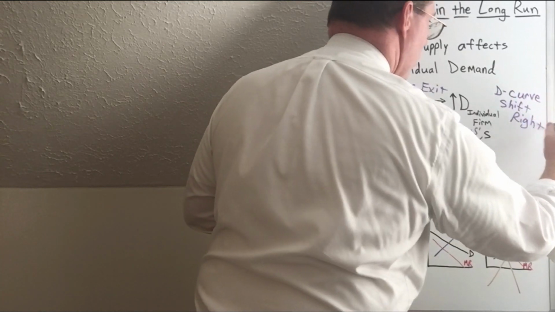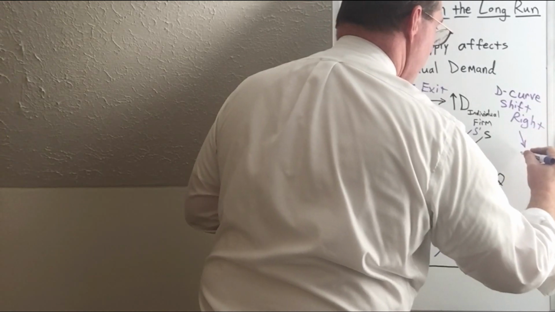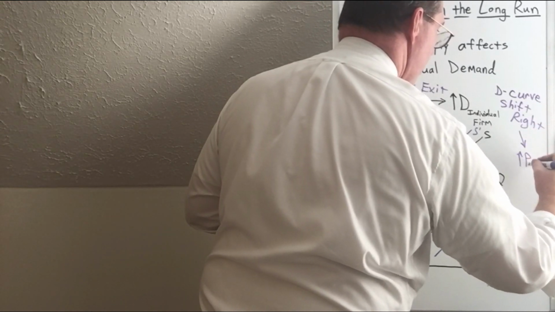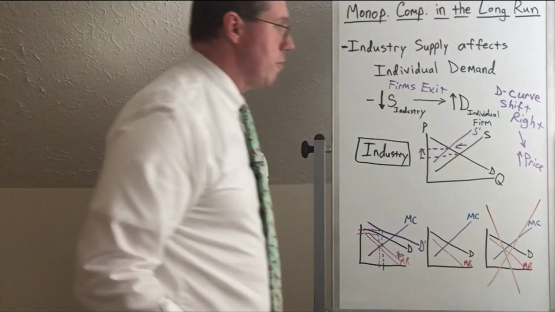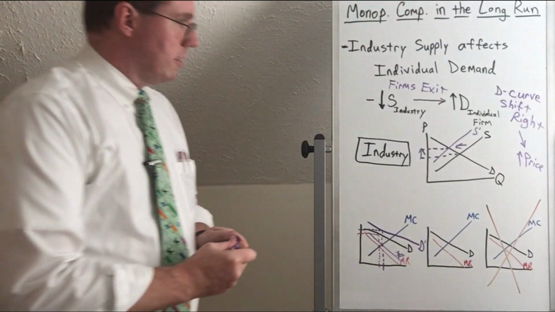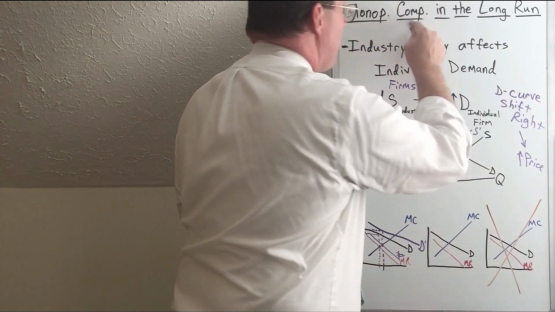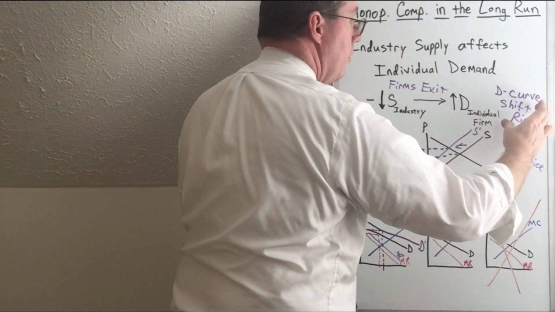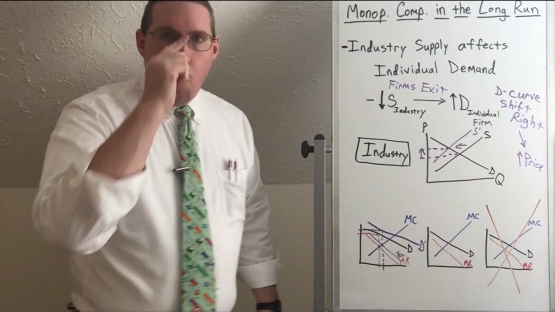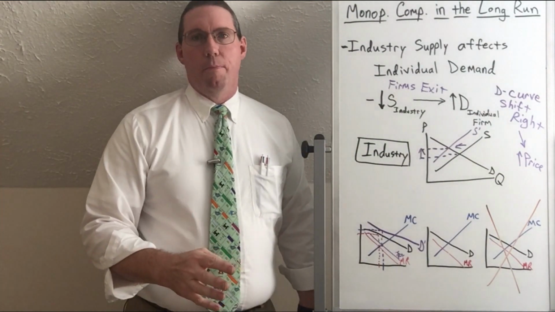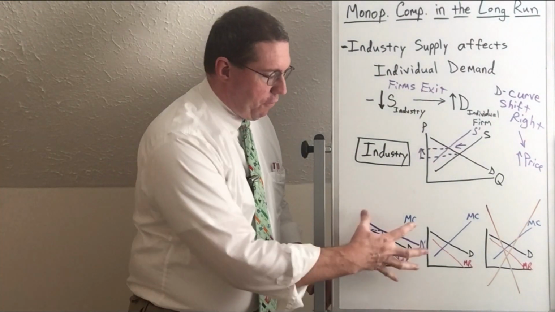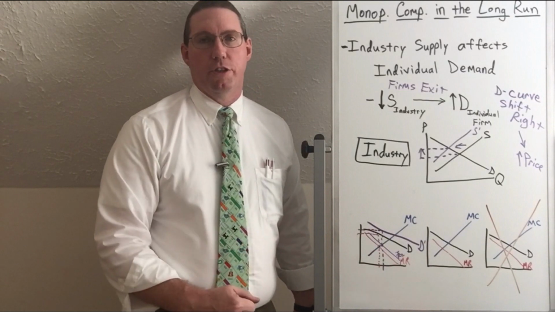And when the demand curve shifts to the right, we know that that's going to result in an increase in the price. It's also going to result in an increase in the quantity. And the reason I'm showing you this is because in order to understand monopolistic competition in the long run, we have to understand why there are circumstances where the demand curve for the individual firm is shifting to the right or shifting to the left.